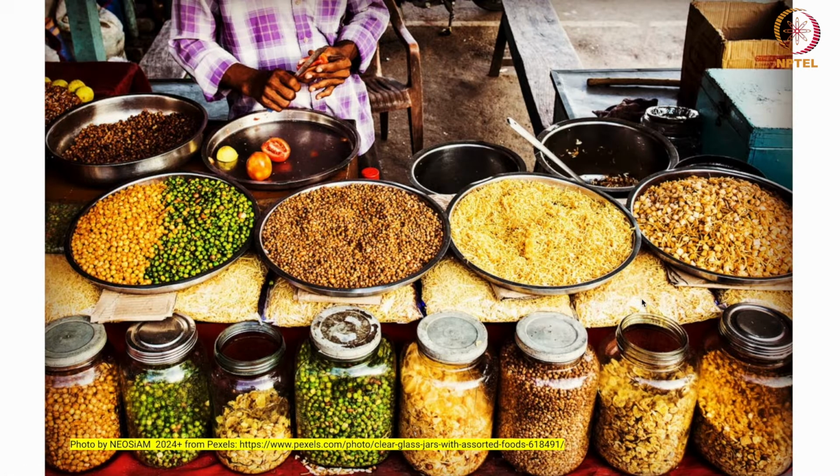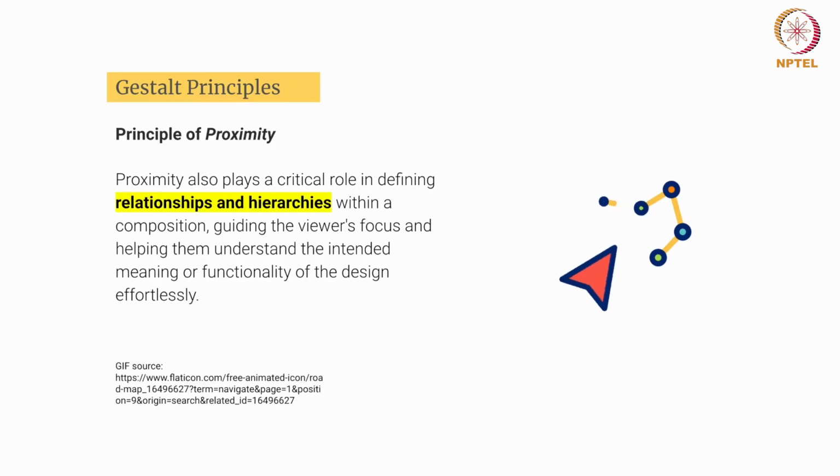Here in the background below, you can see different packets of snacks, and again you will create a grouping that way. Primarily, the sense of grouping is already projected by the vendor so that you can easily get used to the idea of different snacks.